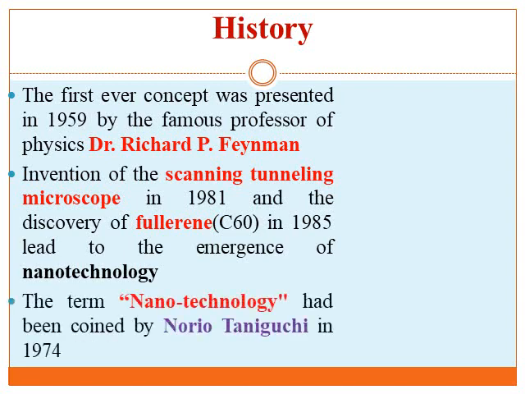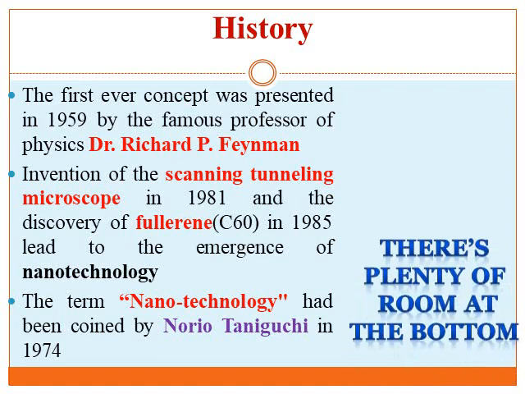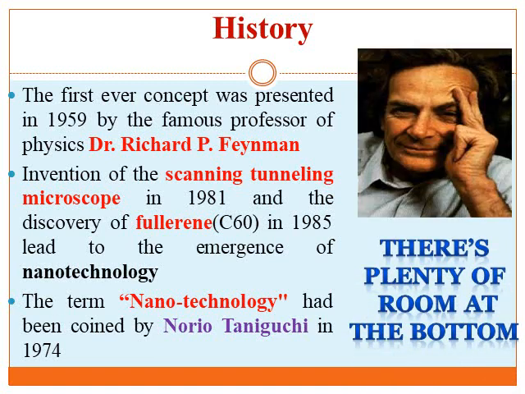The term nanotechnology had been coined by Norio Taniguchi in 1974, and there was plenty of room at the bottom. So this is how the origin began, and it is now a leading technology field.